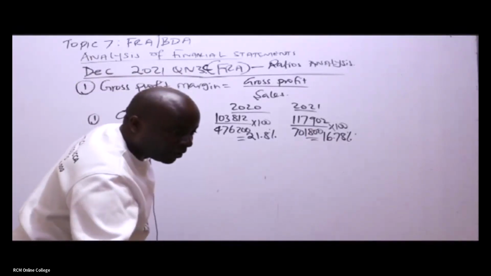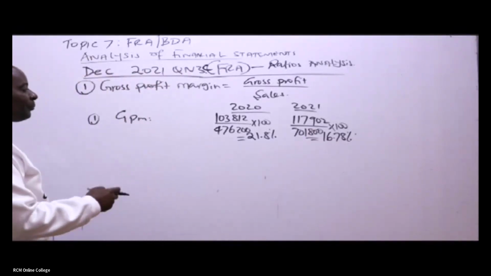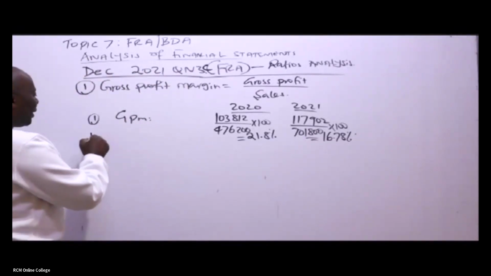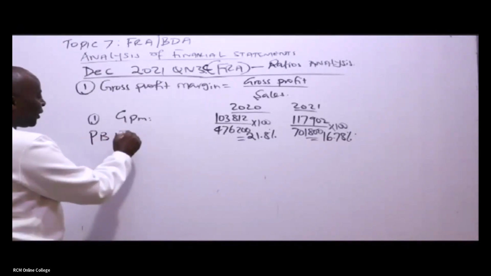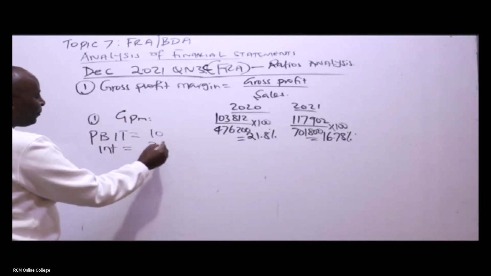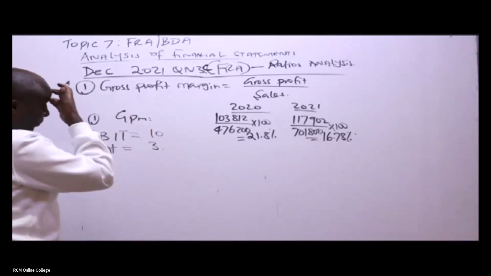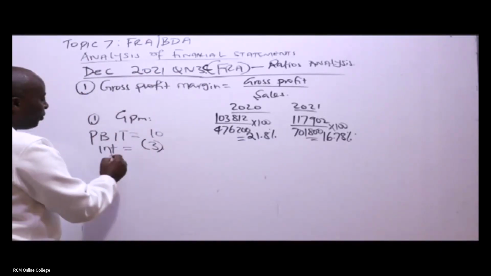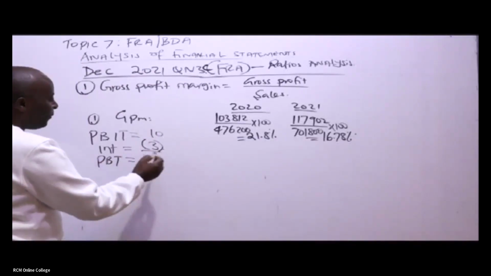So first of all, we start with this. Assuming you are given profit before interest and tax of say 10, then you are given interest of 3. You subtract this, and you get what we call profit before tax of 7.